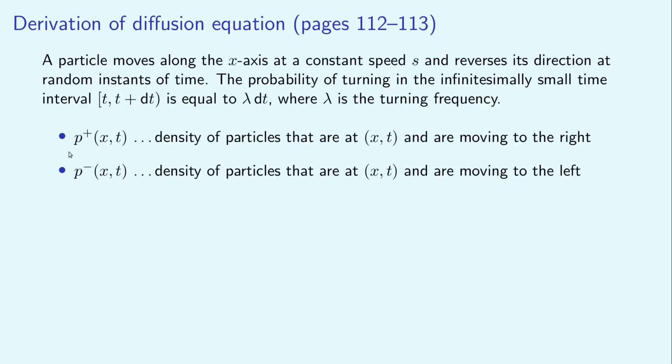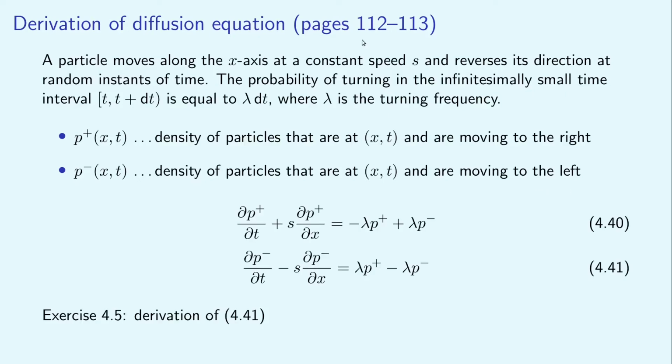We denote by P plus x,t the density of particles that are at point x at time t and are moving to the right, and by P minus x,t the density of particles that are at point x at time t and are moving to the left.